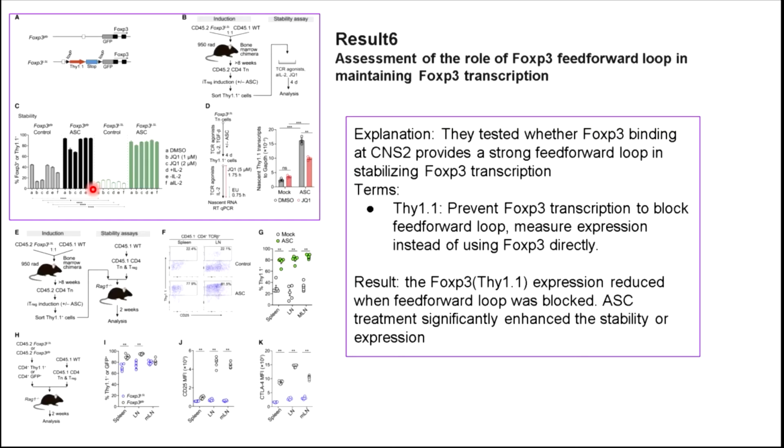This result suggests the role of the Foxp3 feed-forward loop in sustaining Foxp3 transcription through DNA demethylation and CNS-independent mechanism. Consistently, seeing the black bar in figure D, ASC treatment significantly enhanced nascent Dye 1.1 transcripts.